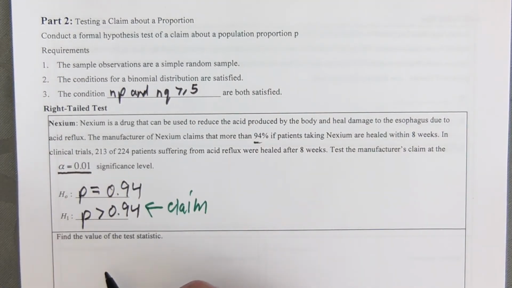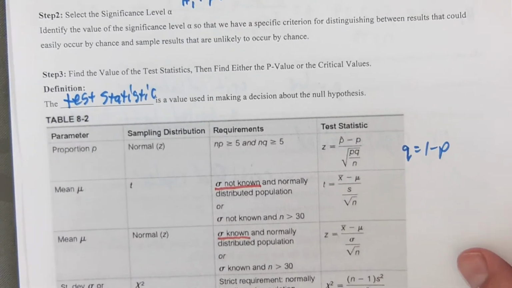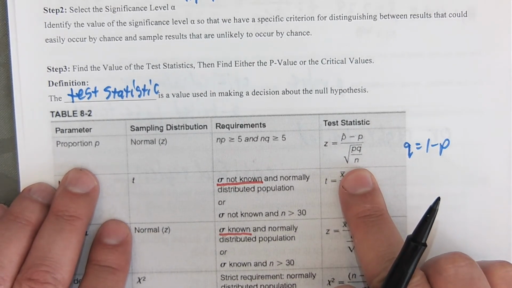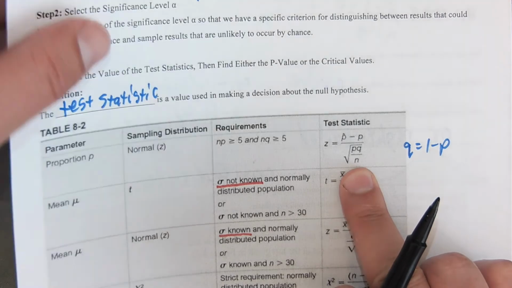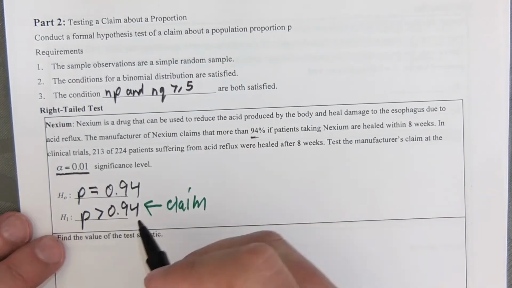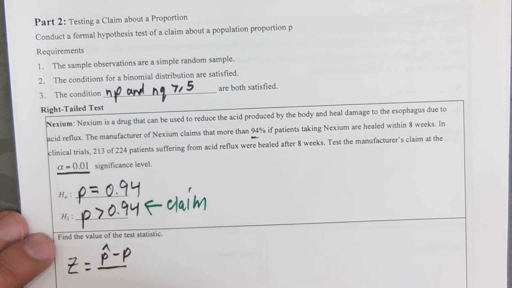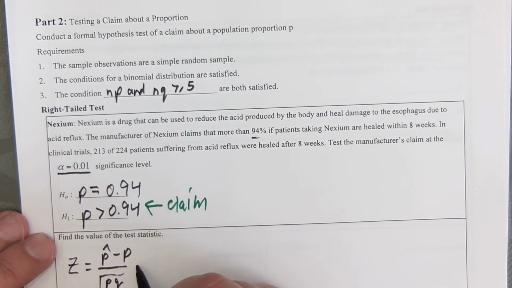So we're going to find the value of the test statistic. I'm going to use a sheet that I used in a previous one, and our test statistic for proportion is right here. You can flip back in your notes and take a look at that. We have that z is going to be p hat minus p over the square root of p times q over n.